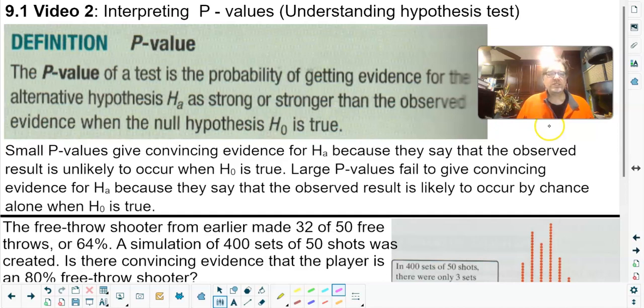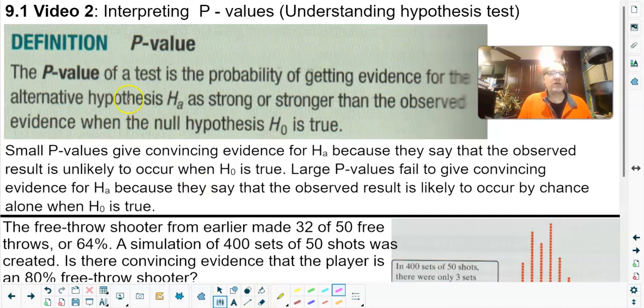Hey there, statisticians. So let's start talking about a p-value, what a p-value is and what we use it for. When we make a hypothesis test, we make hypothesis statements, saying what I expect to happen and then what it could be, or the alternative.